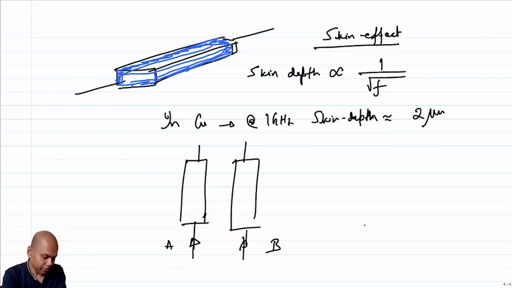The magnetic field will be something like this. It will cut and go something like this. Correct? So it will go through the wire.